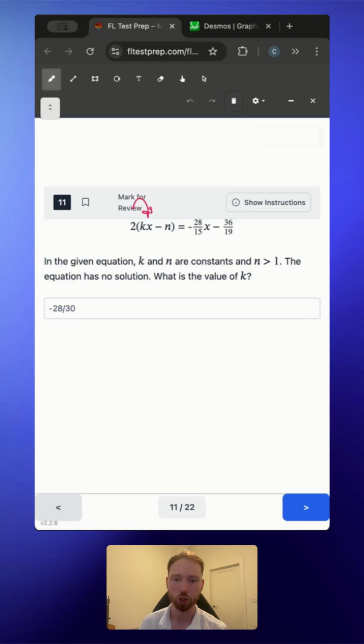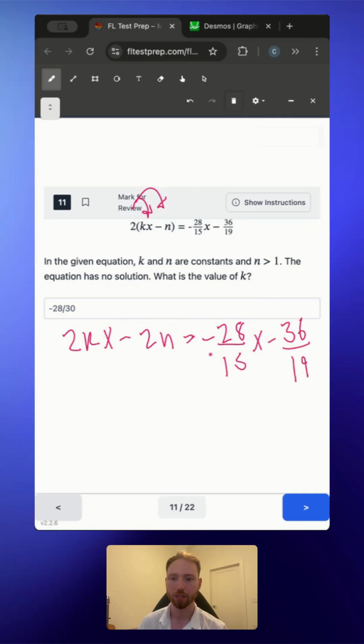I'm going to go ahead and distribute this 2 just to help simplify this problem. I know that 2kx minus 2n equals negative 28 over 15 x minus 36 over 19. And so I know that the slopes are going to be the same, so I can ignore this back part, and I know that 2kx is going to be the same as negative 28 over 15x.